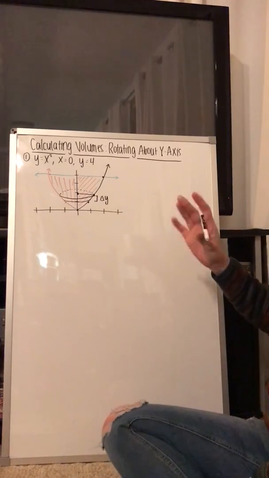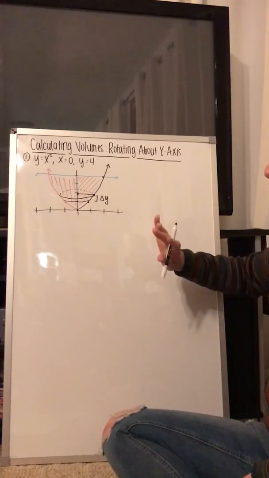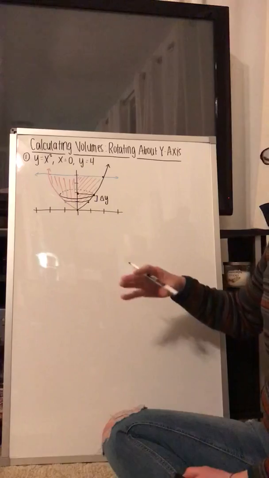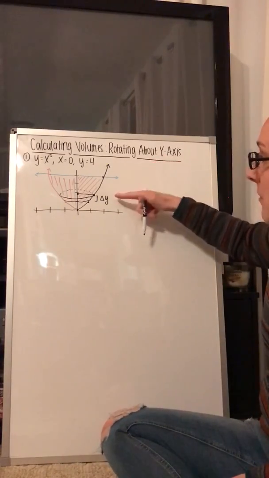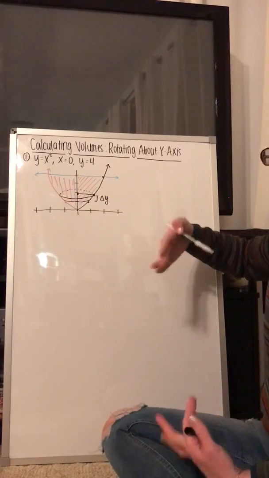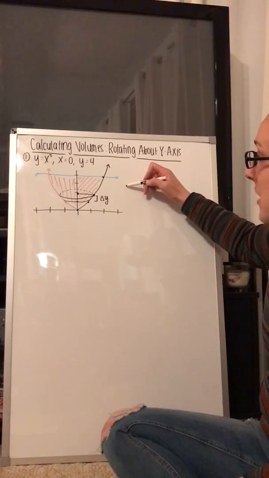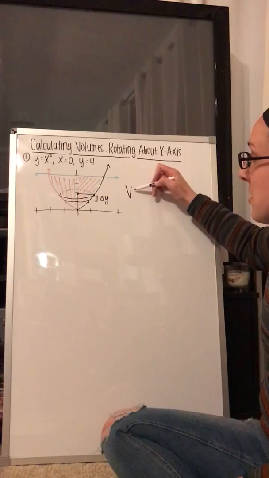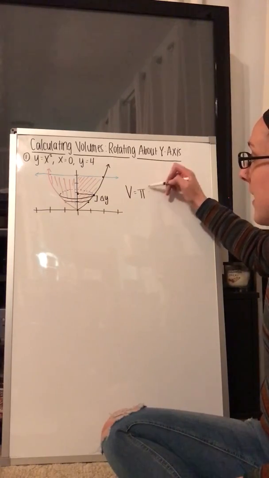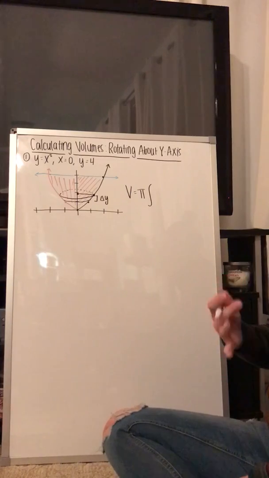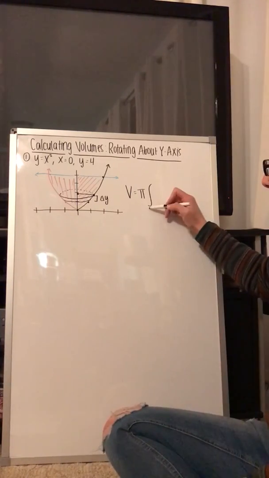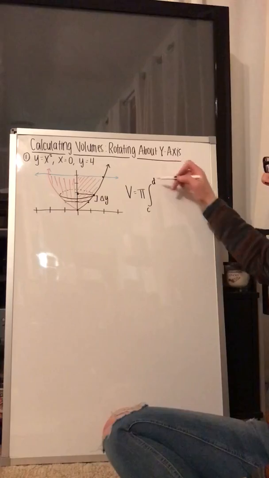Before we get into that, I want to talk about what the actual setup for these problems is going to be. Pretty similar to what we've been talking about. But since we're talking about a delta y situation, our setup is going to look a little bit different. It's still going to be the volume is equal to pi times the integral. But since we're talking about y values here, we're going to be integrating in terms of c and d.